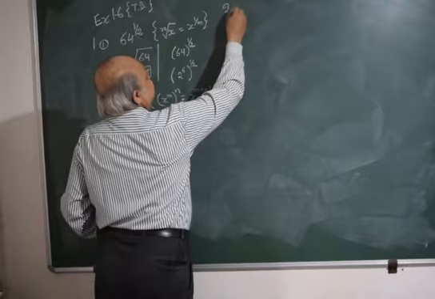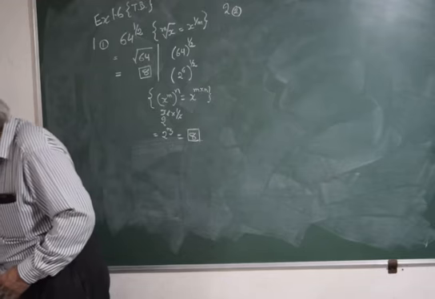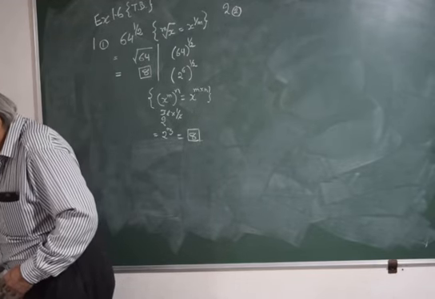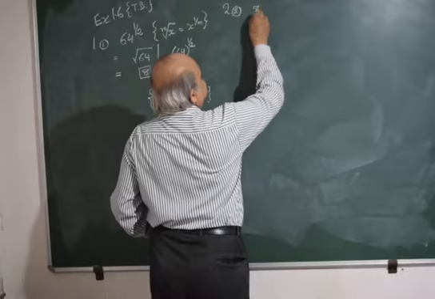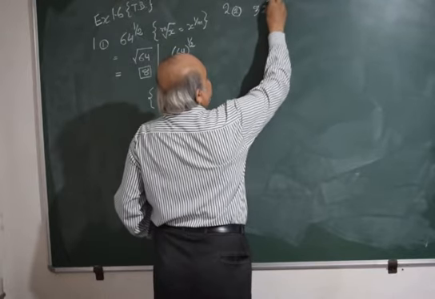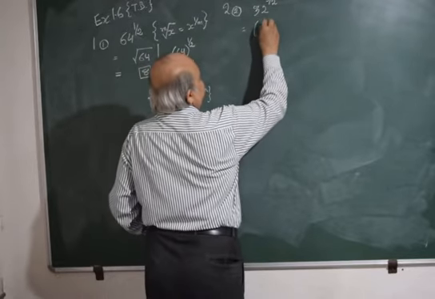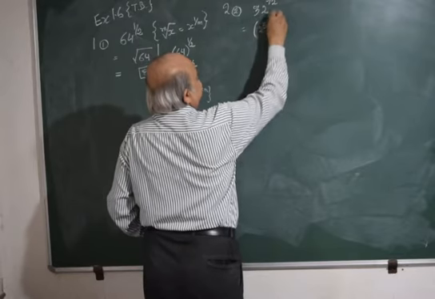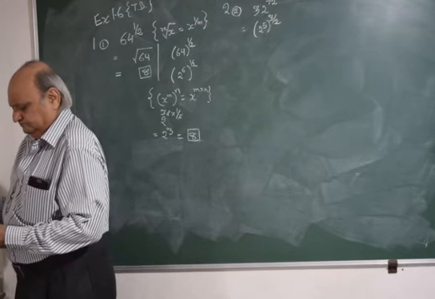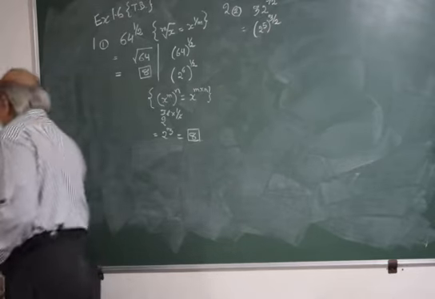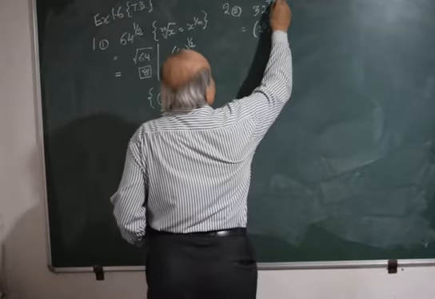Question number 2, sum number 2. 32 raised to 3 upon 5. Now 32 we know is 2 raised to 5.